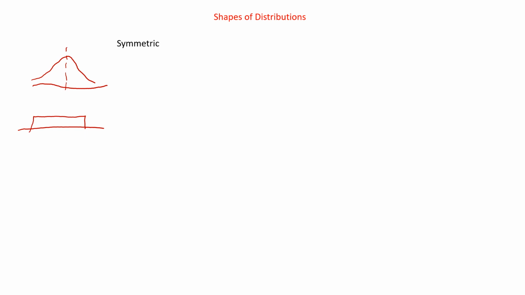We should get about the same number of all of them, and that would be a uniform distribution. We could even have something really weird looking that was big on the edges and went down in the middle. That is technically a symmetric graph. We don't see those very often.